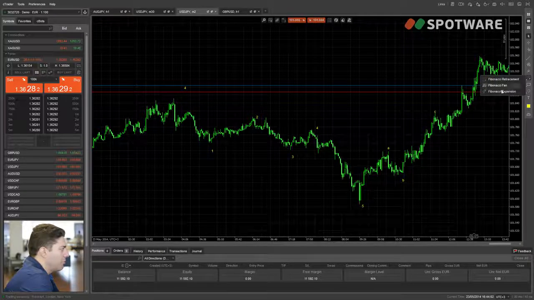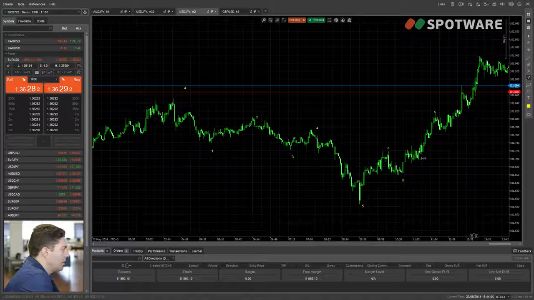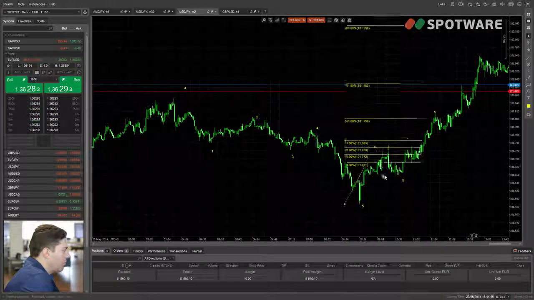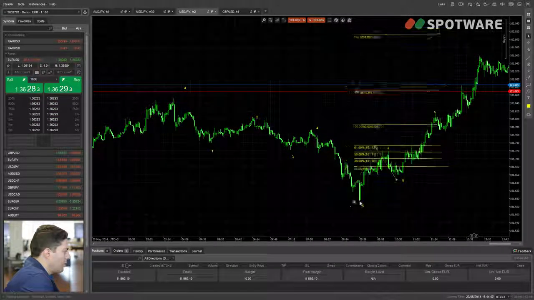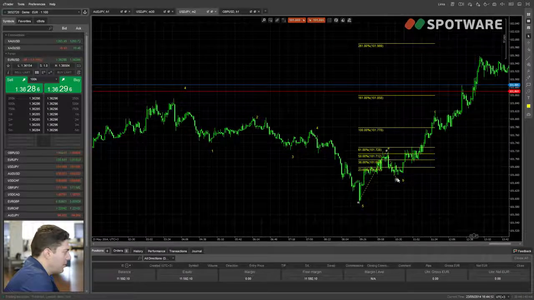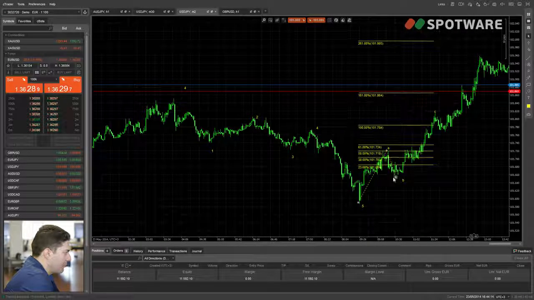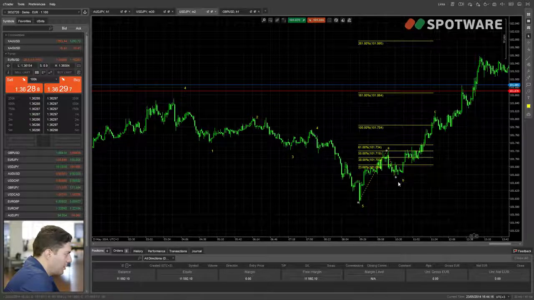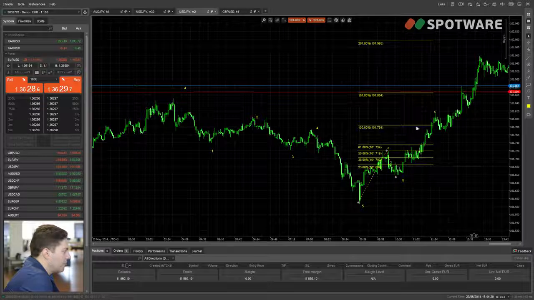For that, we usually use the Fibonacci expansion tool. And what we do is we measure wave 5 to A, then we measure wave B. We see here 5 to A to B, and the Fibonacci expansion tool is going to give us a target which is 100%.